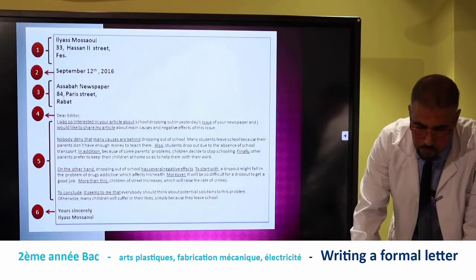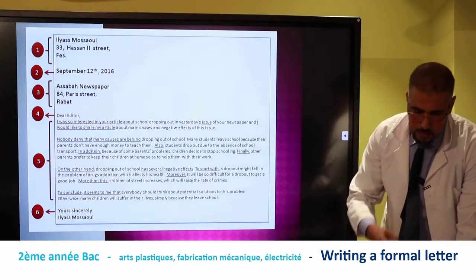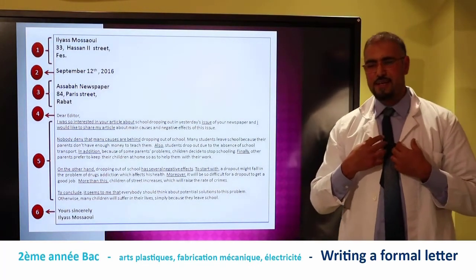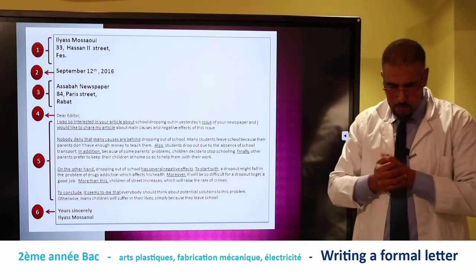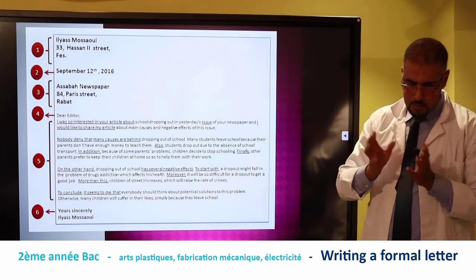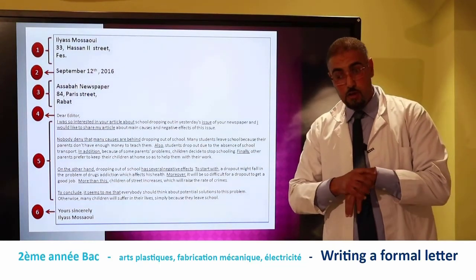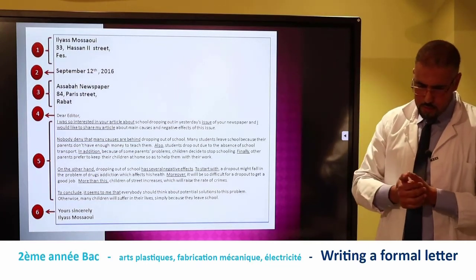Good. Now for number 1, it means the heading address. Ilyas Moussaoui, so it's me. You are writing a letter, so you write your name, Ilyas Moussaoui, and you write the street and neighborhood, and also the city, and the date, when exactly.